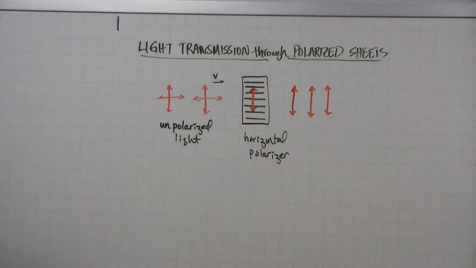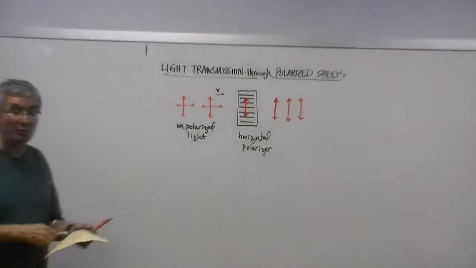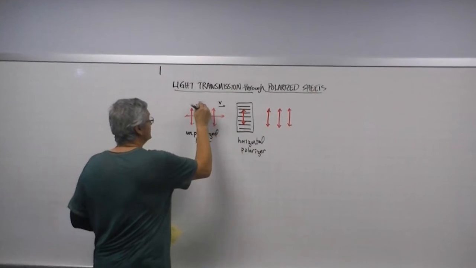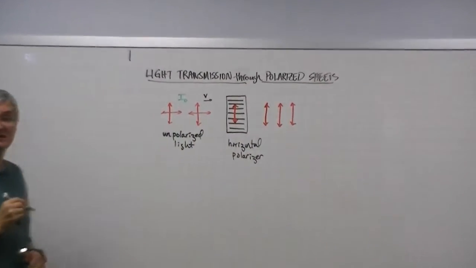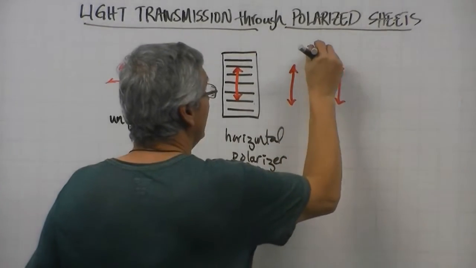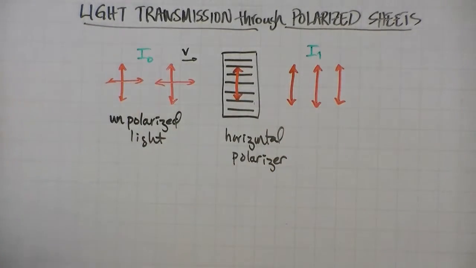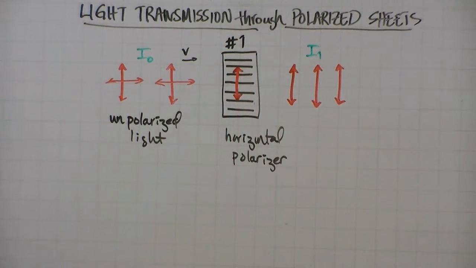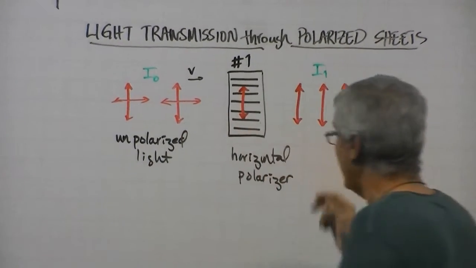Now, a good thing that we should do here is to number the polarizer, since we're going to be dealing with multiple polarization sheets here. So if I have this guy as the initial intensity, this is before the polarizer, the intensity of light afterwards I'm going to call I1, and that means I'm going to call this polarizer number 1. So if I look at this thing here, you can see that it took out half the light.